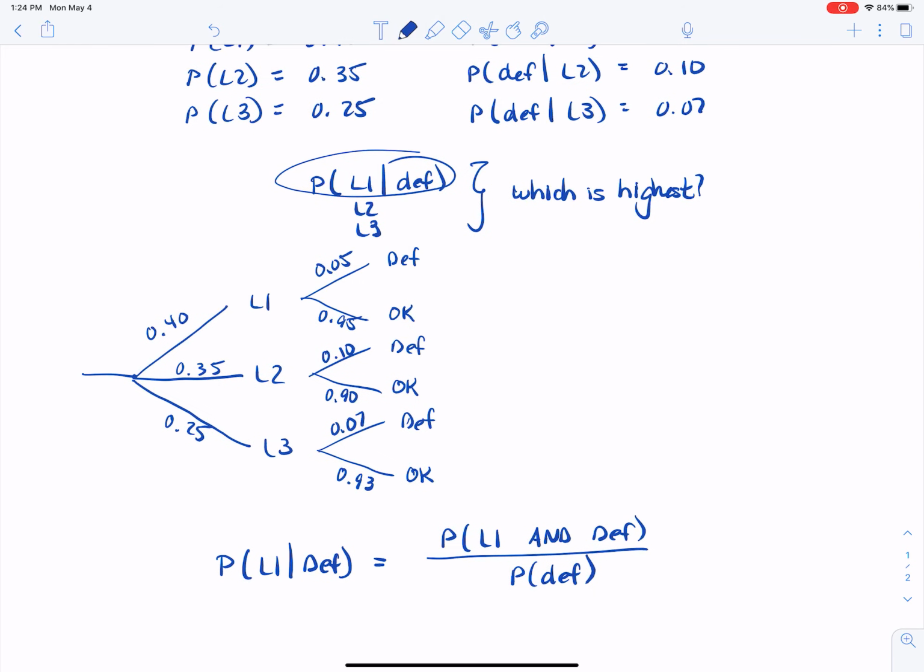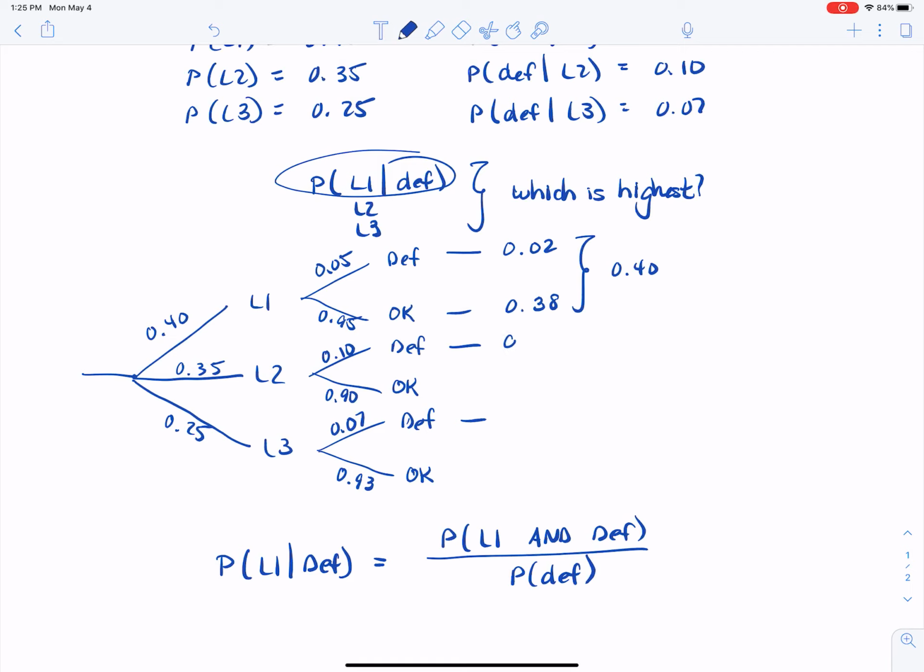That means I need to look here, here, and here. If I multiply along the branches, this looks to be 0.02, and that means this should be 0.38. That just tells me how the 40% from line 1 is broken up.